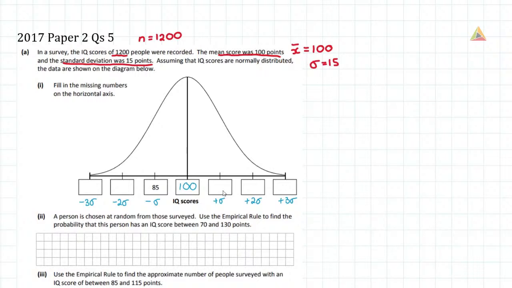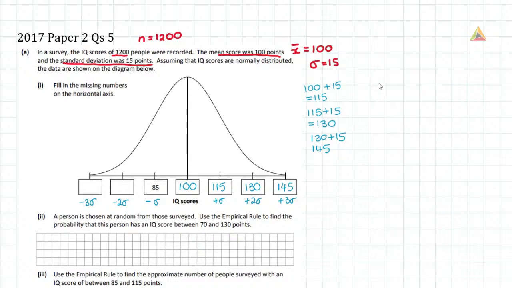So to work out what's going to be in each of them, we have 100 as our mean, and we're going to add on 15. So that gives us 115. And then we add on this standard deviation again, which gives us 130. And then we add on the standard deviation one more time, and we get 145.